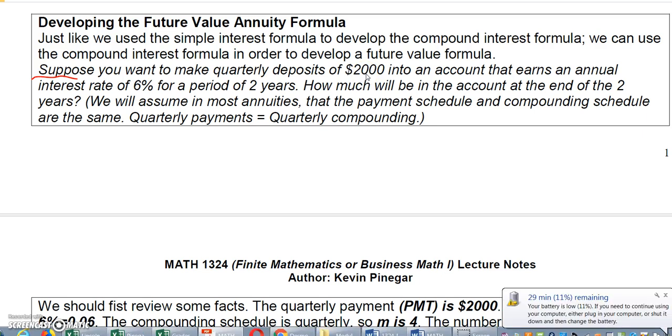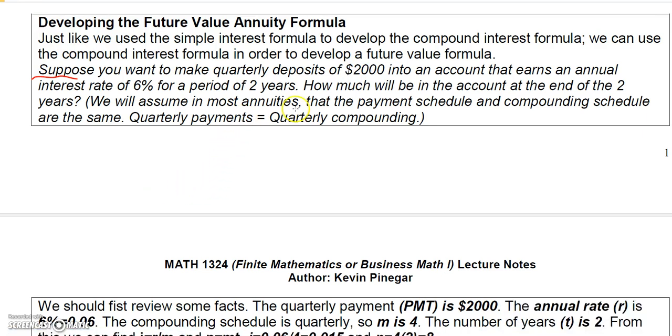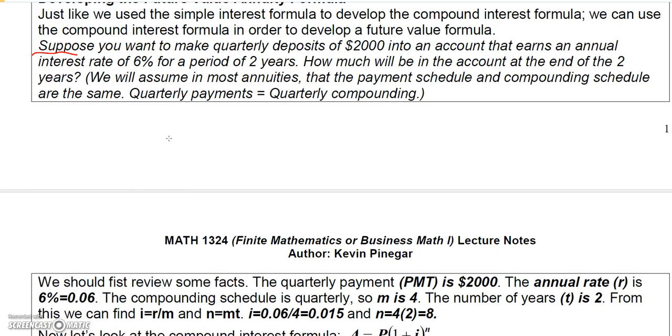If you put $2,000 into the account for 8 quarters, that would give you a total of $16,000. But we're going to find out that this account will have more than $16,000 in it, because each one of those $2,000 deposits that you make are going to earn interest. Well, I'd say each one. The last one won't, but the rest of them will.